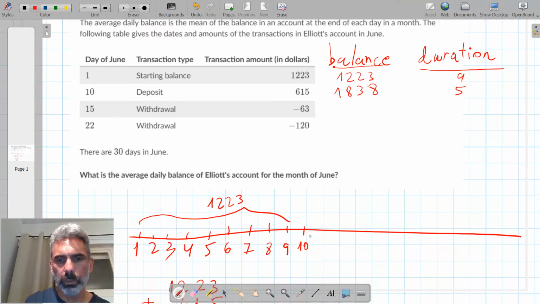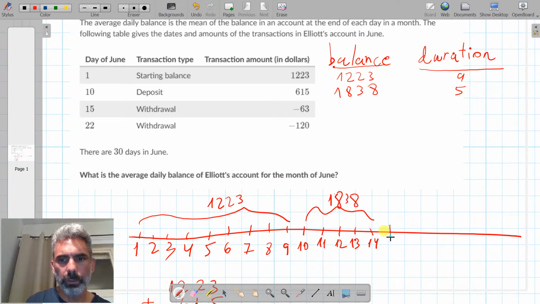Okay, so from June 10th, June 11th, June 12th, June 13th, June 14th: 1, 2, 3, 4, 5 days. The balance was $1,838.